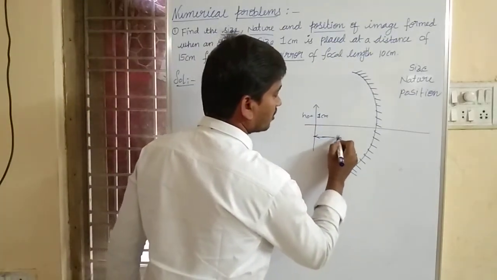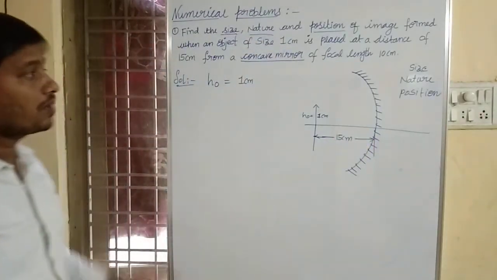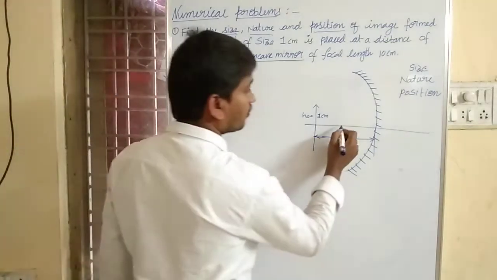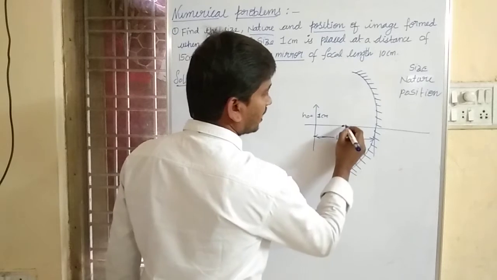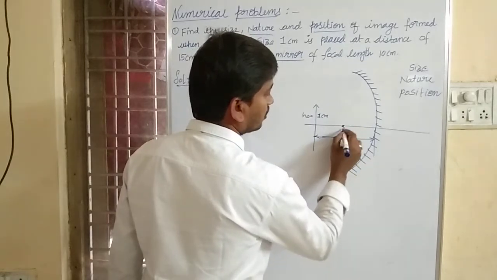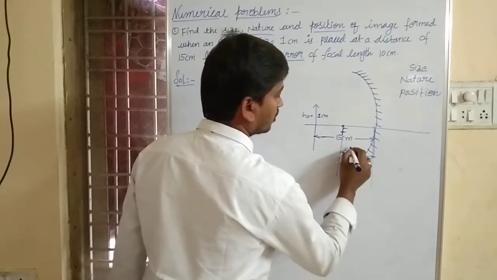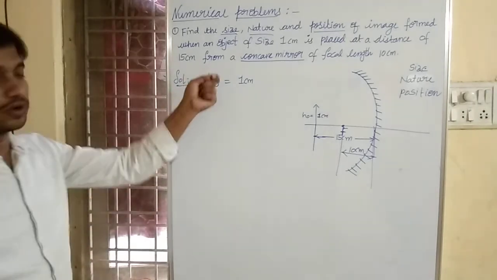Object distance is given as 15 cm from a concave mirror of focal length 10 cm. What is the focal length? Whose focal length is 10 cm. This is our concave mirror.